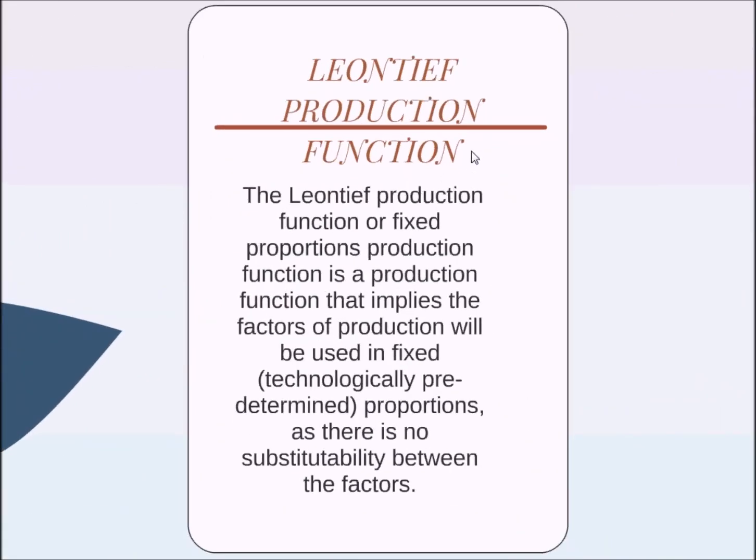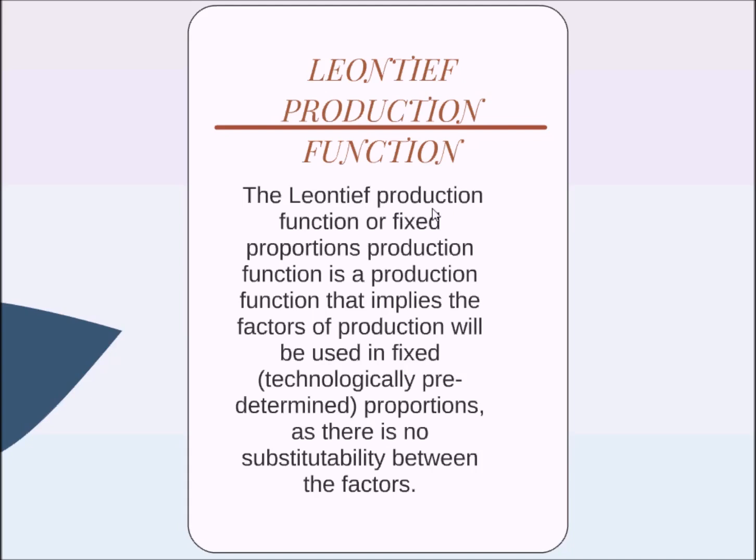Now why is this different as compared to the Cobb-Douglas production function? Because here we don't particularly focus on taking labor and capital as the inputs. We do use two inputs, but that is not necessarily labor and capital. And we also assume under this production function that one input cannot be substituted for the other input. So let's see what is a Leontief production function.